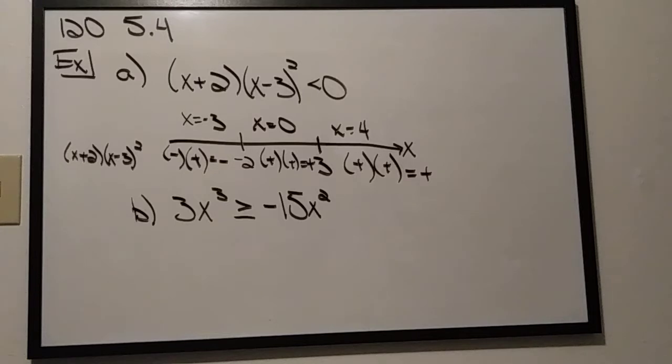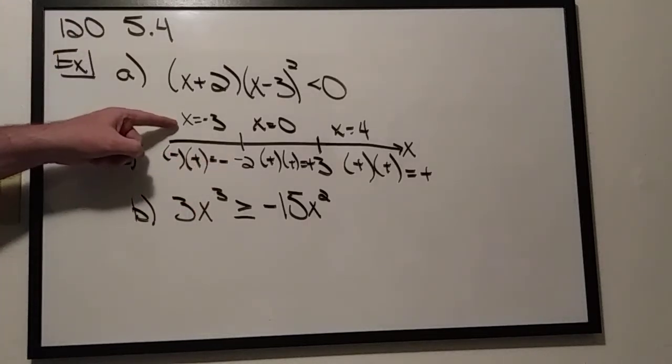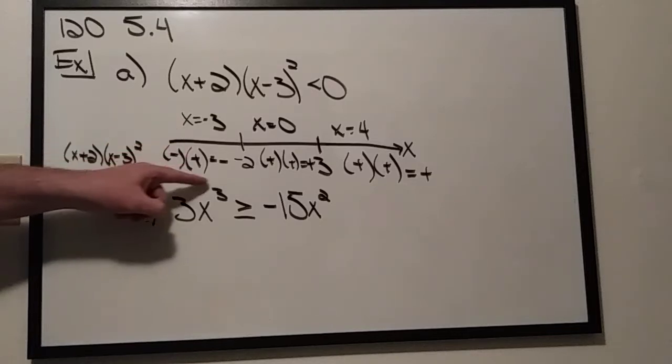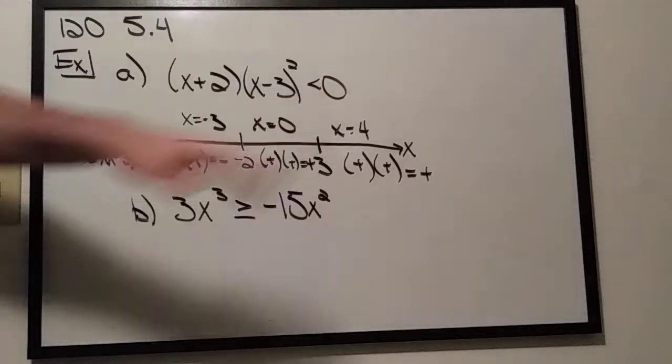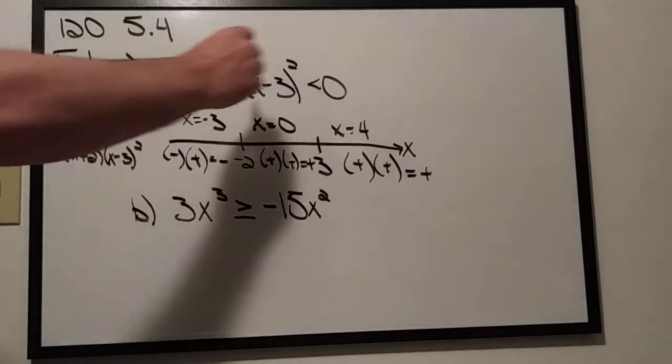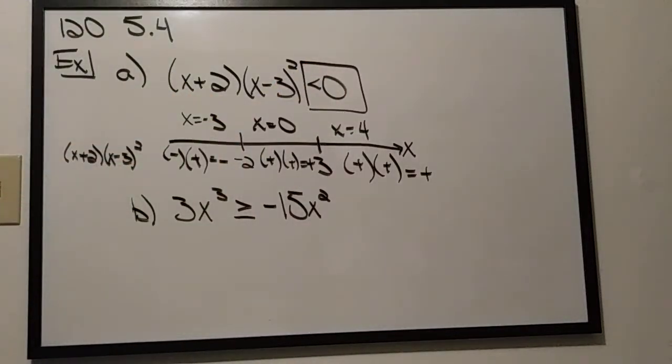And once again, remember from section 5.3, we now know then that if we have this x value of -3 giving us a y value that is negative, every x value in that entire region is going to give us a negative value as well. So now that we have the regions and the signs, what we want to do is think back to the inequality and say less than 0.